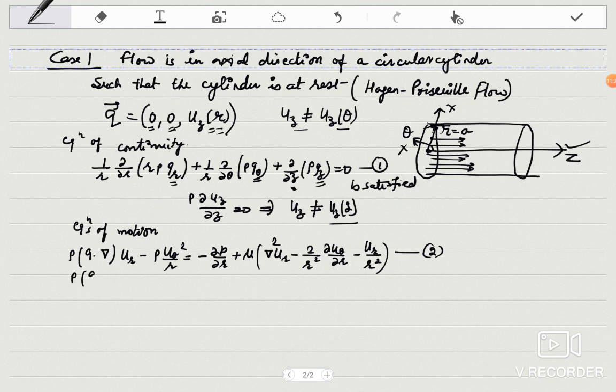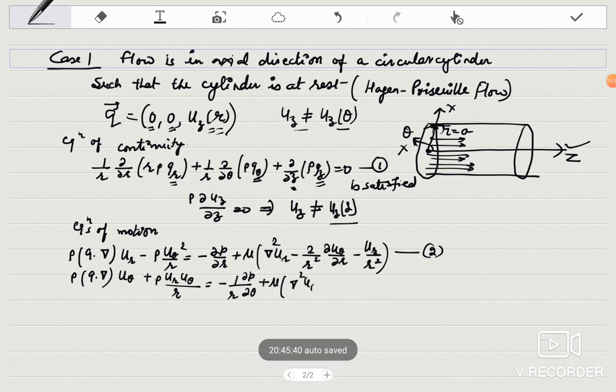Then rho q dot delta u theta plus rho ur u theta upon r is minus 1 upon r delta p/delta theta plus mu times delta 2 u theta plus 2 upon r square delta ur/delta r minus u theta upon r square.